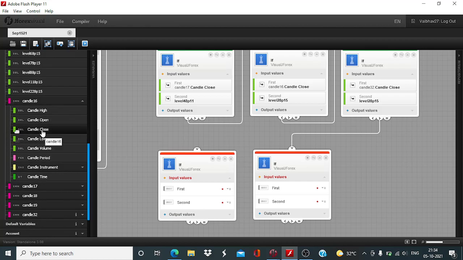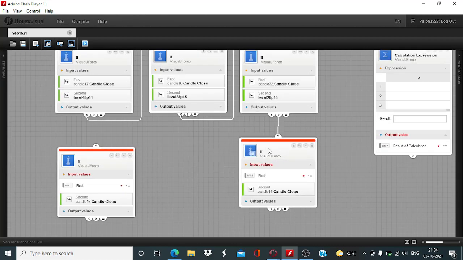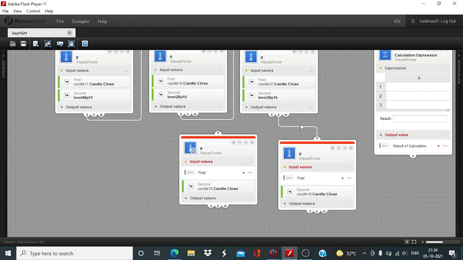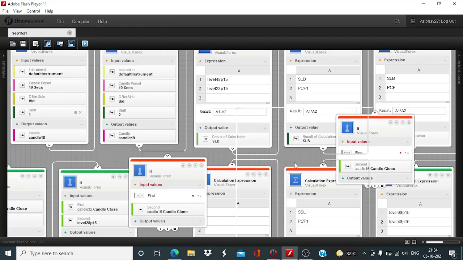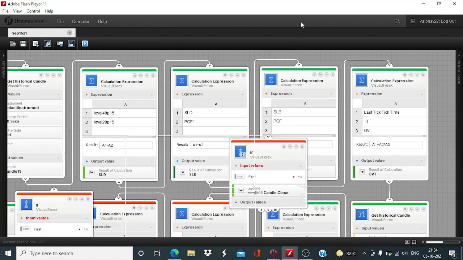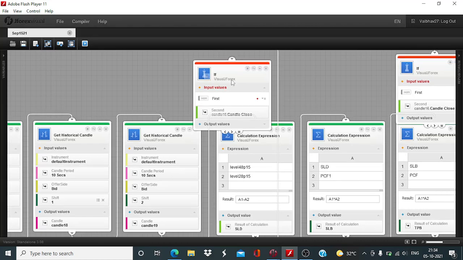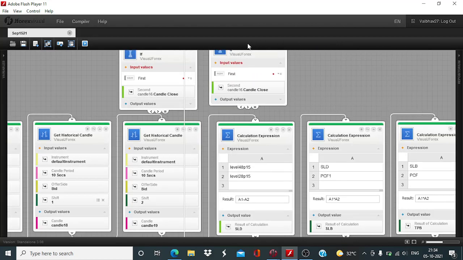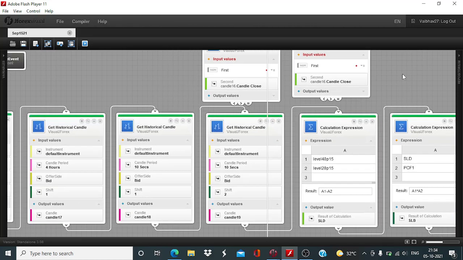Candle 16 candle close, and here we have candle 18 and candle 19 candle close values, which will need to be compared to the candle 16 candle close.